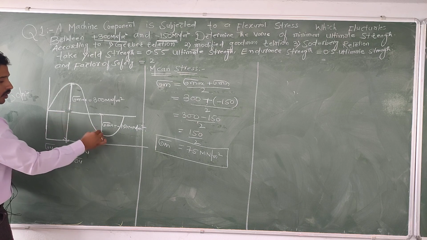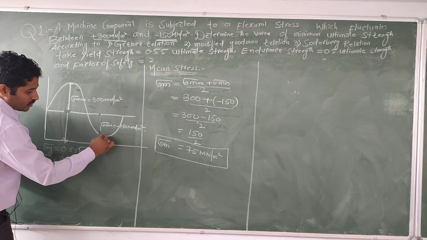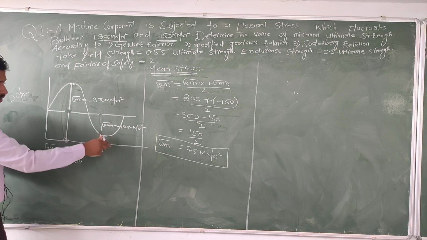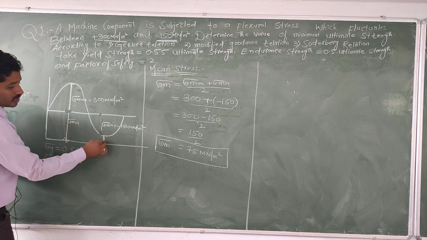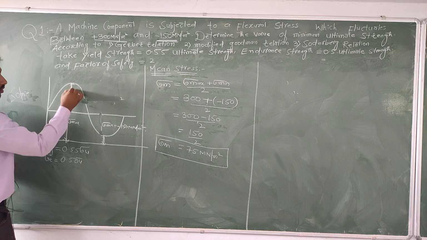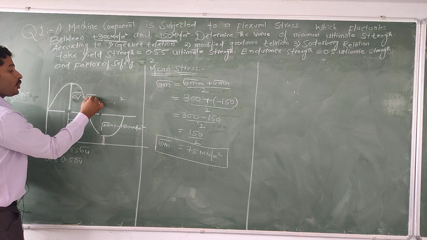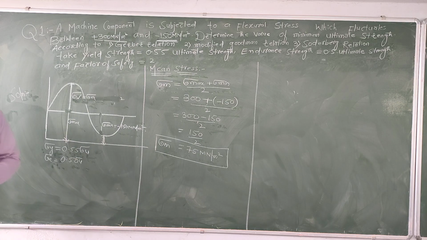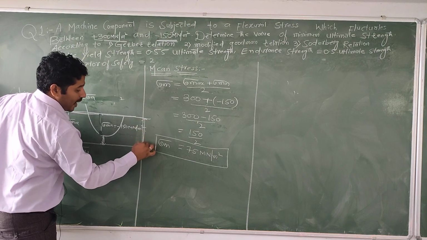If you consider from the bottom side, this is the minimum stress, this one is the maximum, and from here to here we can say variable stress, or amplitude stress. In the second case, from the mean line, we can call this the mean stress line.